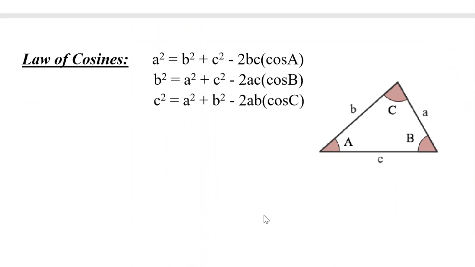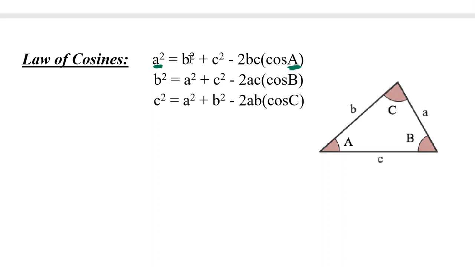All right, here we are picking up the law of cosines. And while the formulas look fairly complicated, if you notice a pattern, there's the cosine of the big angle at the end, and whatever letter that is, it's the little a at the beginning of all of this.